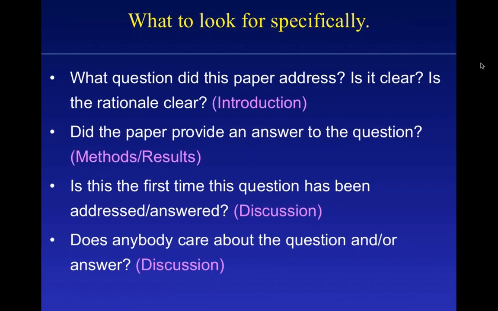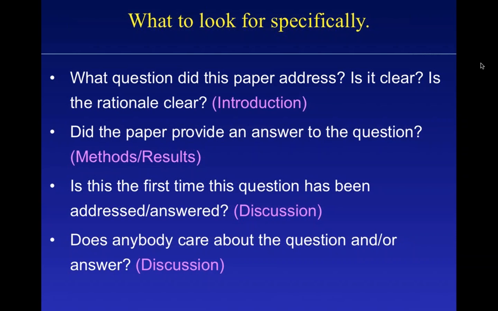Second, did the paper provide an answer to the question? And that comes out of the methods and the results. The methods tell you about the approaches that they used, and of course, if there are major problems with the methods, the answers that they try to provide are questionable, and then the results tell you what they found when they applied those methods.